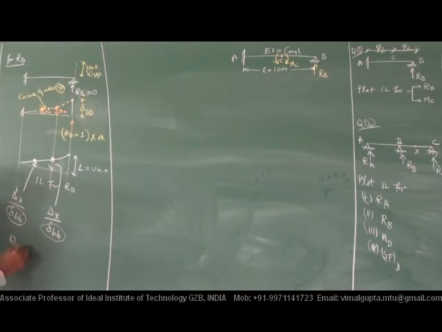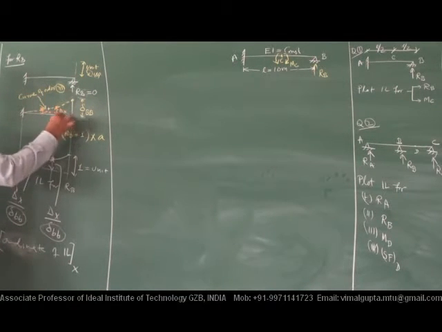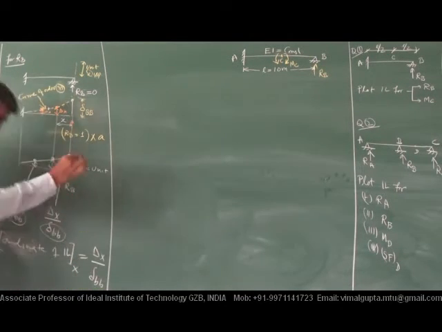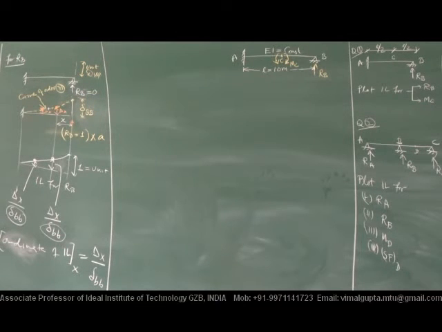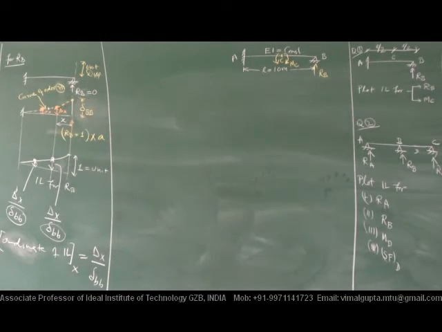So the value of RB is the ordinate of IL at any section x, that will be only del x by del BB. Clear to everybody? So this will be the value of this one. There should not be any doubt.